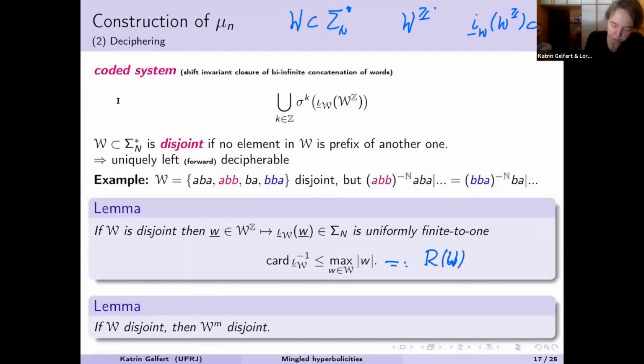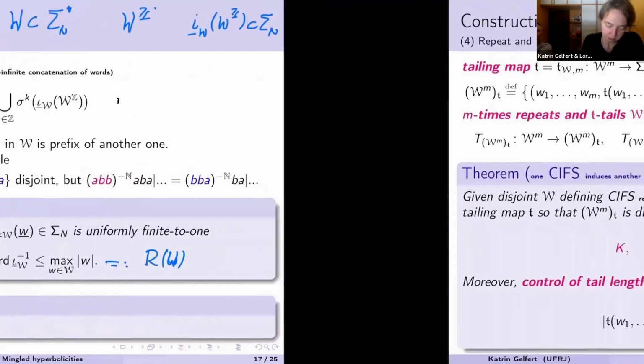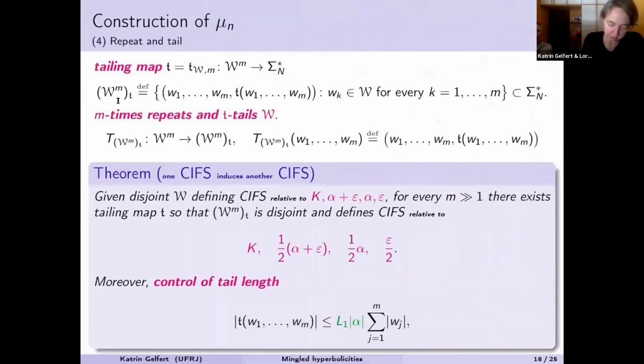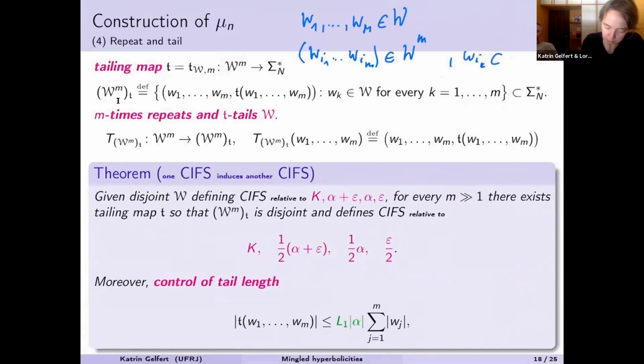Now I have this set of words which come from a contracting iterative function system, and now I start playing with this. I take these words and look at their concatenation. So if I have W1 to WM in W, then this will be an element in W^M.